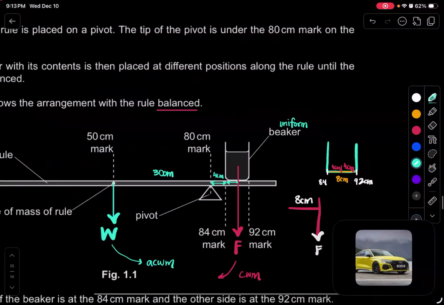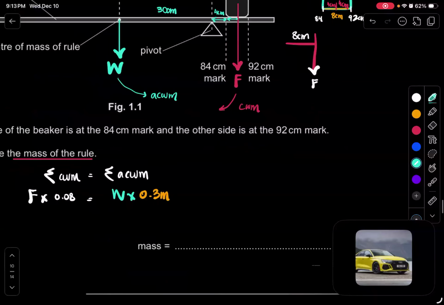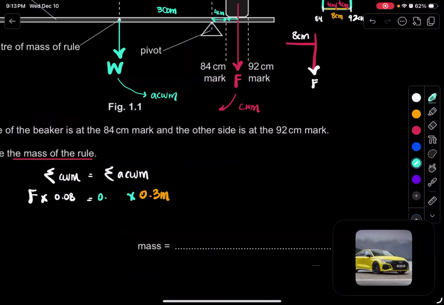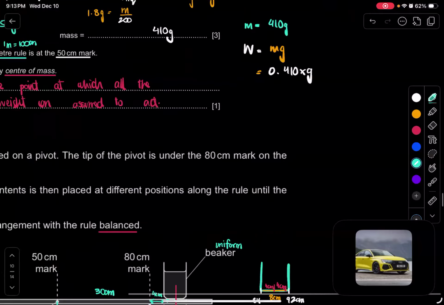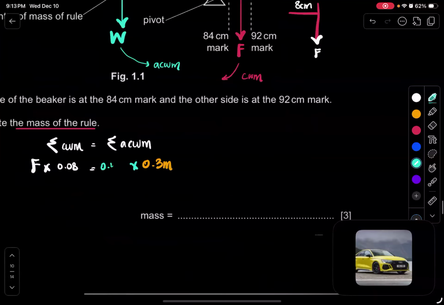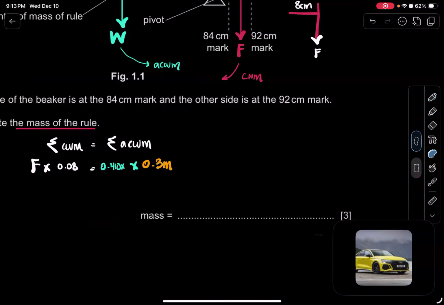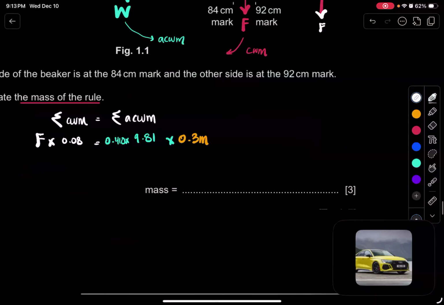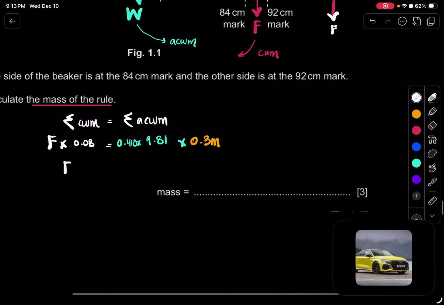So instead of W, I'm going to write 0.410 into g, 0.410 into 9.81. And when I do that, I will get F, right? So let's check what F turns out to.